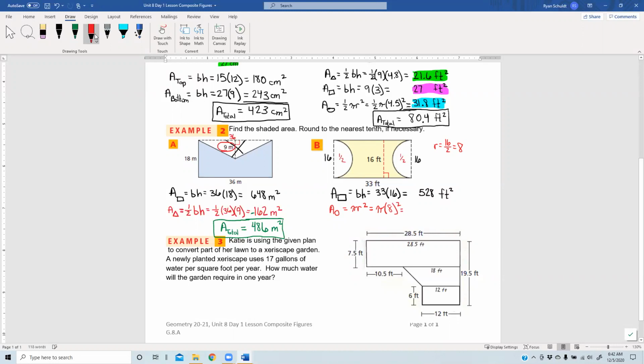Now, like I said, this time we get to actually use pi. So type pi times 8 squared in your calculator. If you do that, you'll get 201.1 feet squared.